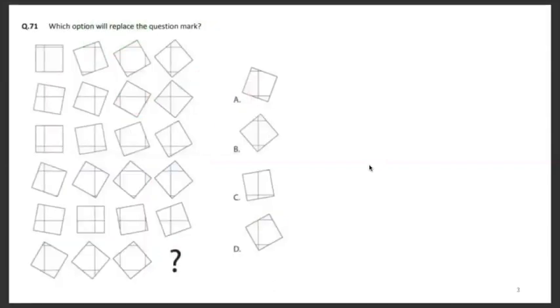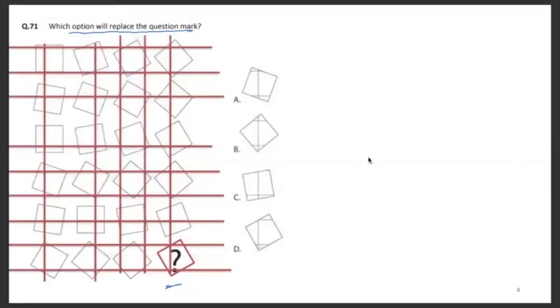Here, you are given some kind of a graphic, and you have to find which option will replace this question mark which are provided here. In order to solve this question, what we will do is we'll try to extrapolate the horizontal and the vertical lines as I've shown here.